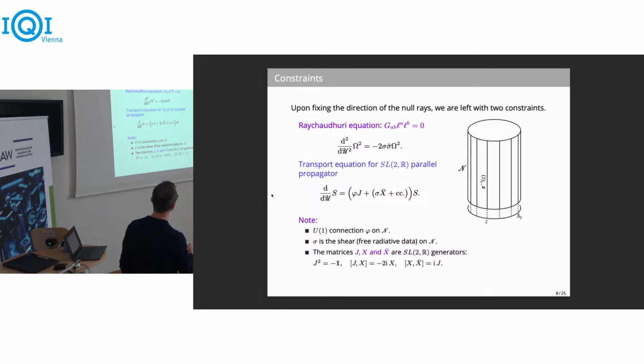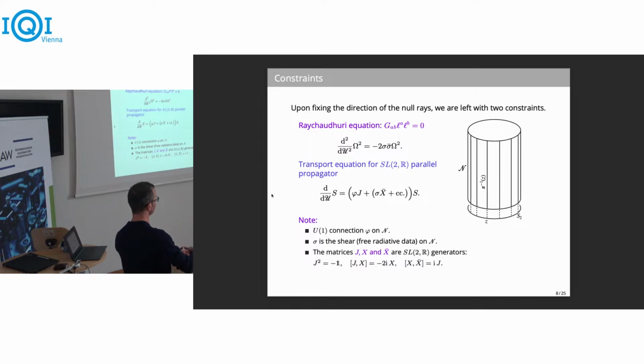In addition to that, there's also a transport equation for this SL2R holonomy, the SL2R parallel transport along the null generators, where sigma is the shear. If the shape of these triangles is conserved along the null generators, the shear is 0.